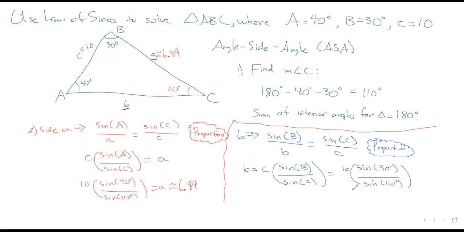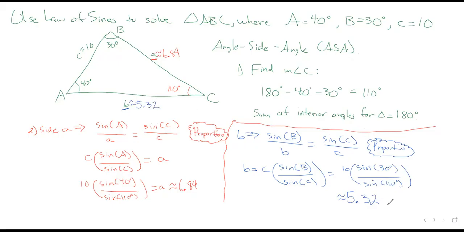And now I can go ahead and do my approximation because I have the exact answer. So 10 times the sine of 30 degrees, again making sure your calculator is in degree mode, over the sine of 110 degrees. And we get 5.32 approximately. So this is approximately 5.32.